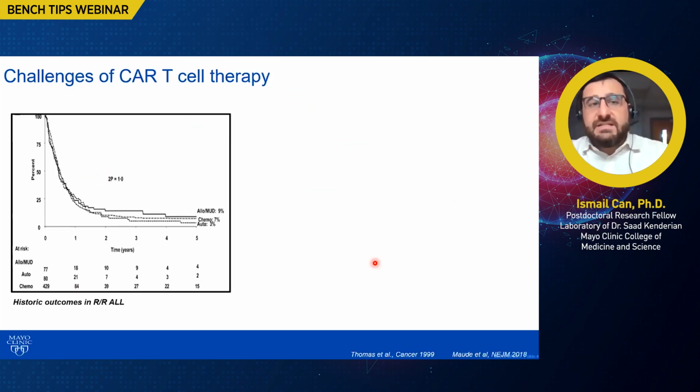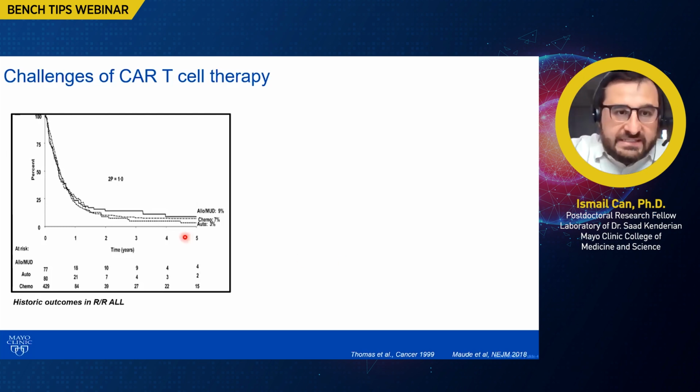So there are some challenges associated with this CAR T cell treatment, but before I complain about them, I just wanted to point out how efficient this treatment is. Here on this graph, what we are seeing is the historical survival rate of the relapsed and refractory ALL patients. These are the patients who nowadays can take advantage of the CAR T cell treatment.